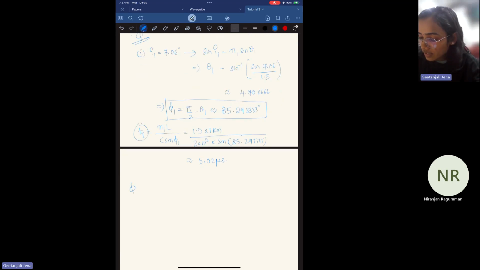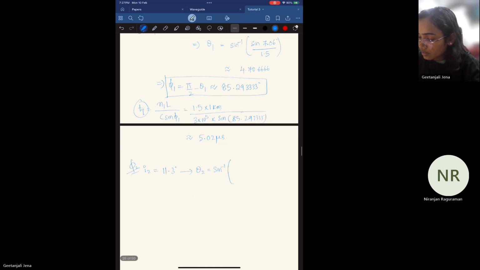Now for the second ray, we have I2 as 11.3. So that means we can calculate theta 2 as sine inverse of sine I2, which is 11.3 over N1, which is 1.5.